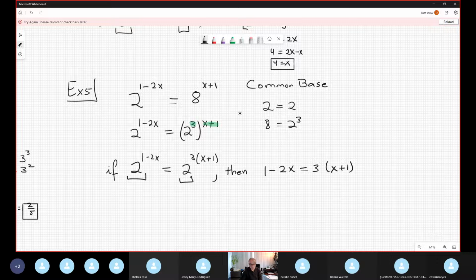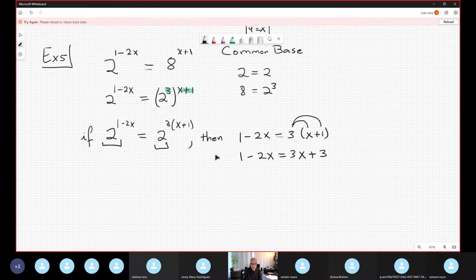Linear equation, super easy, classical idea. Apply the distributive property, combine like terms, and solve for x. Multiply here. You have 1 minus 2x is equal to 3x plus 3. In order to isolate the x, there are many ways.